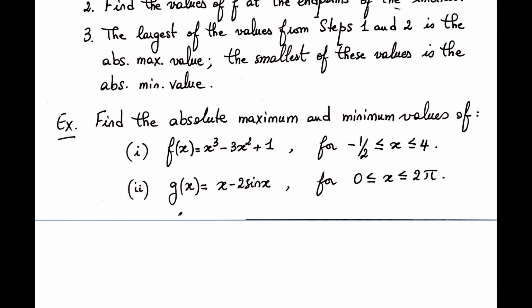I was mistakenly assuming that it's a common language here. Anyway, the closed and bounded set in this context is [-1/2, 4], right? So the function is x cubed minus 3x squared plus 1.